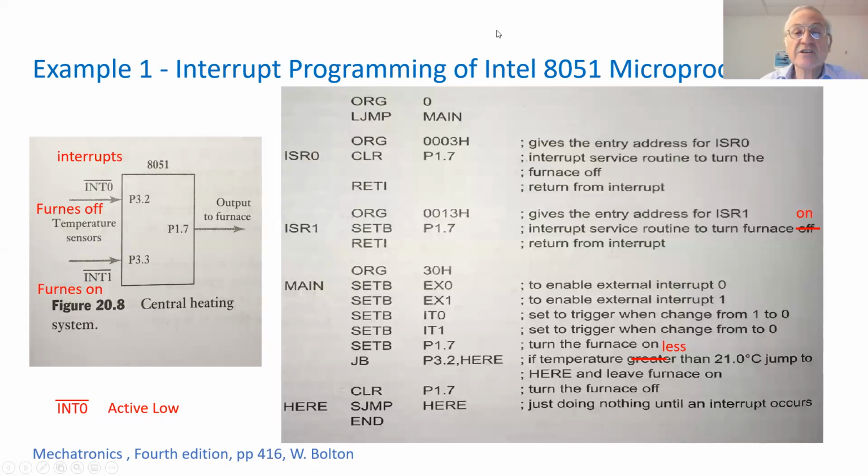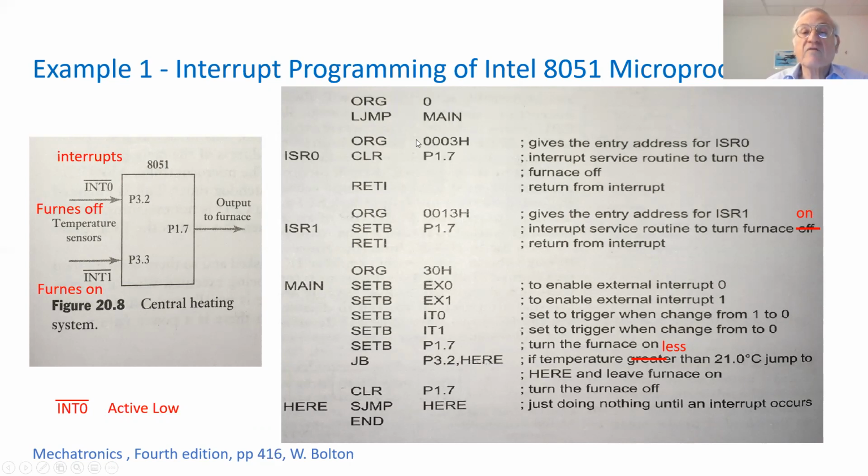And this is an example over here of the program that we write in assembly language to drive this heating system. And we start over here. The origin of the main program is at memory position 0, and then we jump to main.